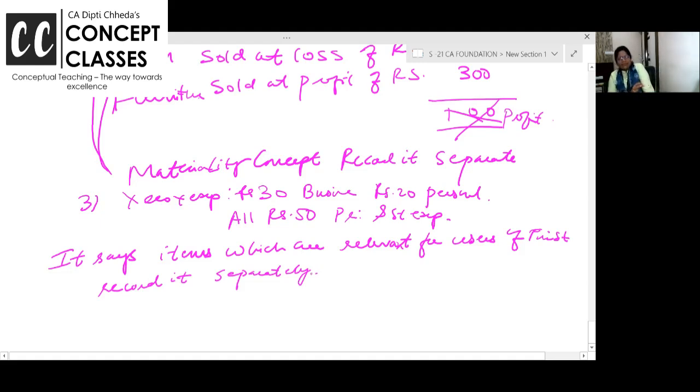So those items which are relevant to users, who are the users of the financial statement? Government, bankers, and so on.